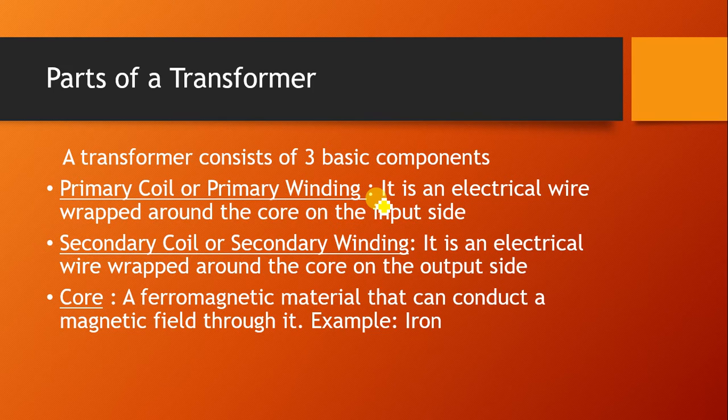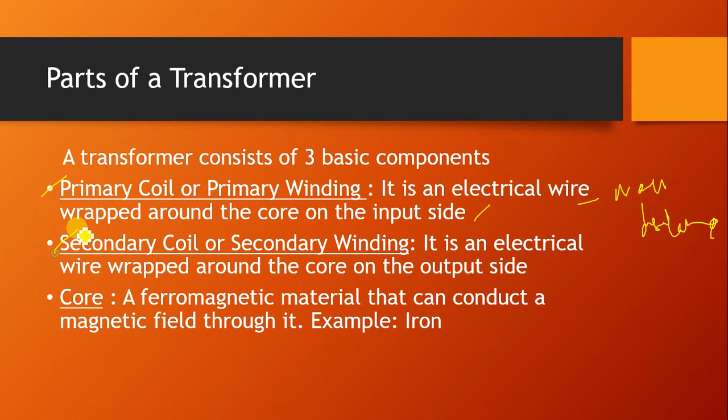What are the primary parts of a transformer? There are three components. First is the primary coil or primary winding. It is an electrical wire, generally a non-insulated wire, because if you insulate the wire, the magnetic flux will not be proper. It is wrapped around the core on the input side.